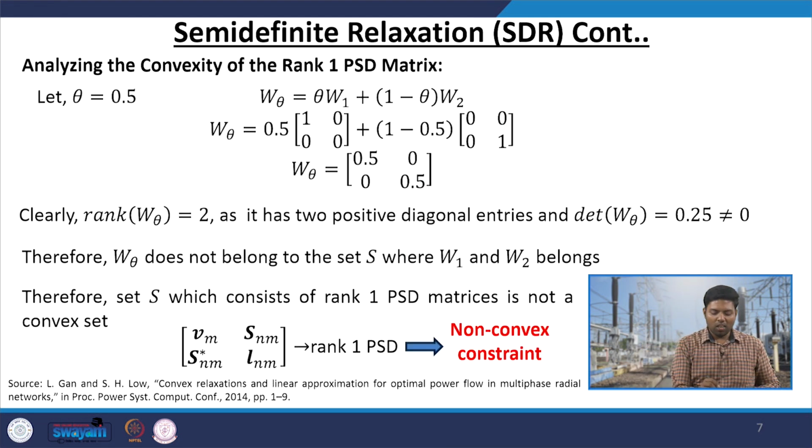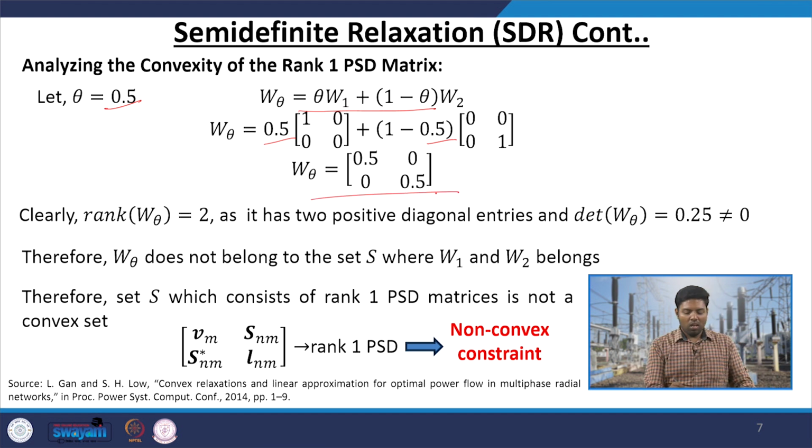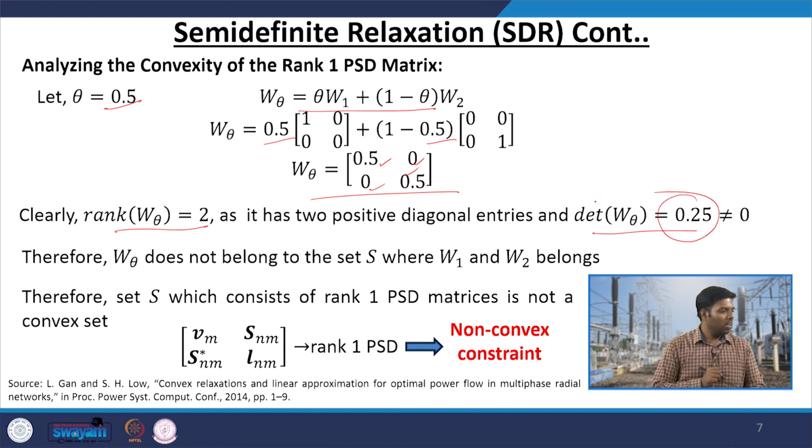So, now consider theta equals 0.5 and take the linear combination of both of them, that is theta W1 plus 1 minus theta W2. So, do the multiplication and you will get W theta equals 0.5, 0, 0, 0.5. So, take the determinant of it. You will get 0.25, that is not equal to 0.